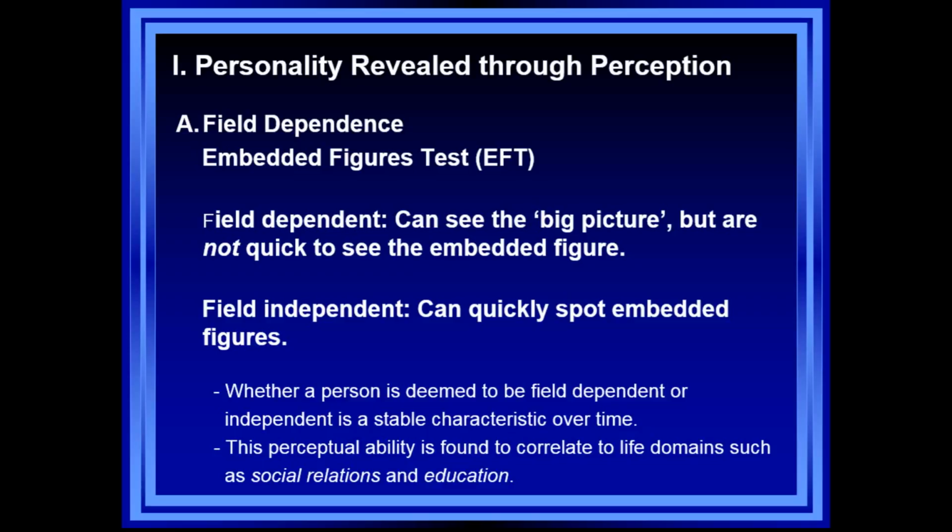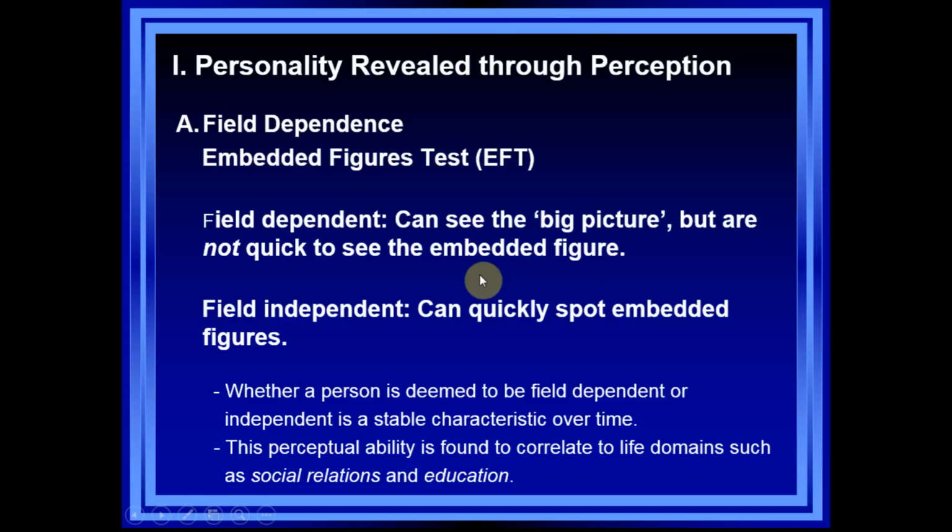So if you look at the big picture, the bottom, but you're not so quick to pick out the little embedded figures, you're called field dependent. So field dependent people can see the big picture well, but they're not so quick to see the embedded figures. Oh, and that should be an S, embedded figures.